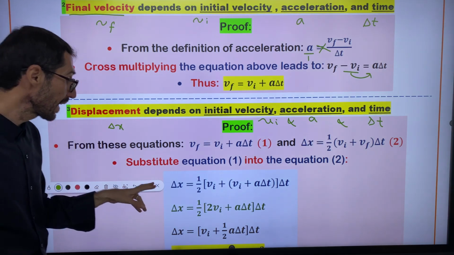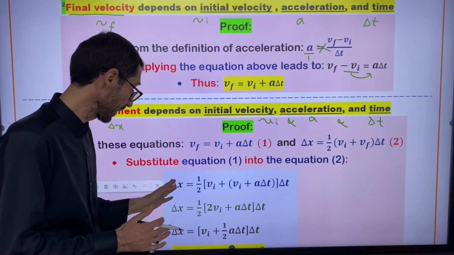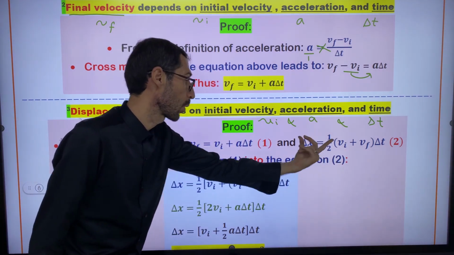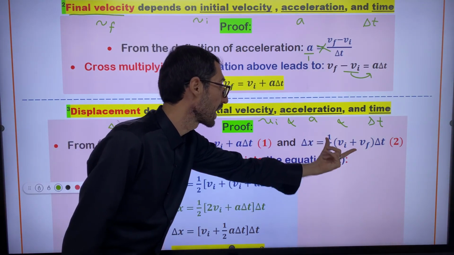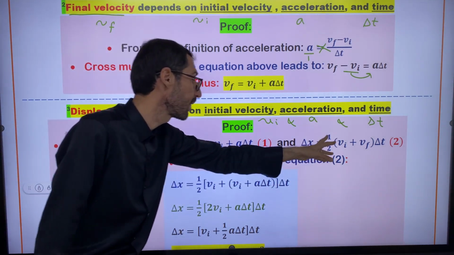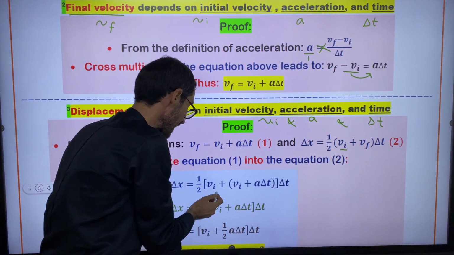Delta x is equal to 1/2. After substitution, let me explain for you. Bring equation number two here. So delta x remains as it is, 1/2 remains as it is, initial velocity remains as it is.